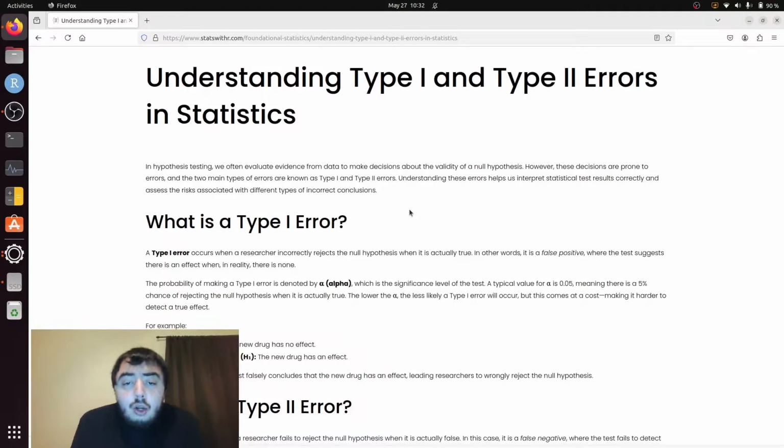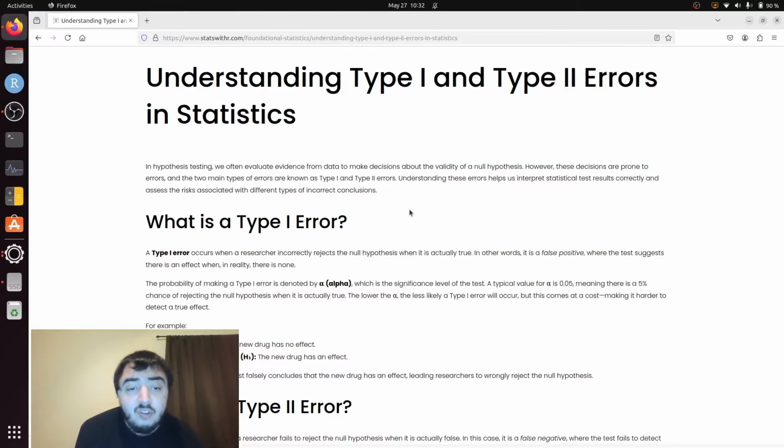So there's two ways we can be wrong. We can say group 1 and group 2 are different when they're not. That's a type 1 error. We're saying an effect exists when it doesn't. So we reject the null hypothesis in this hypothetical situation, but the groups are not different in reality at the population level.